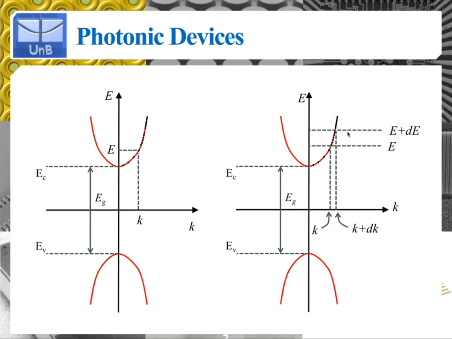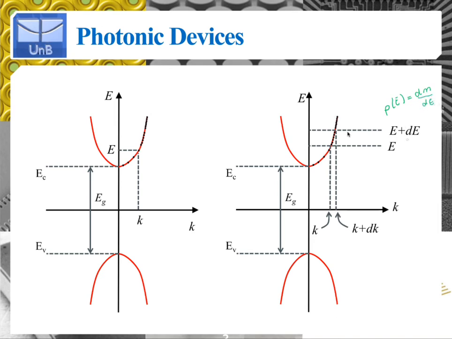In this limit, we said that rho of E is, for electrons in the conduction band, the derivative of the electron carrier concentration with respect to energy.